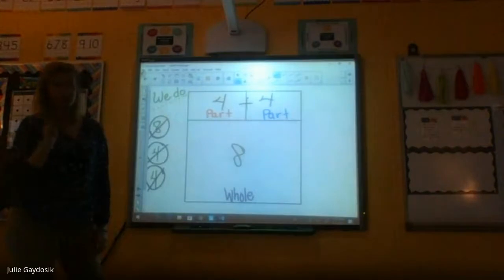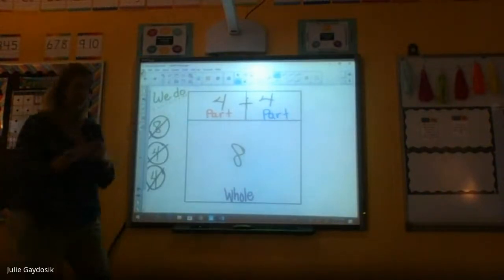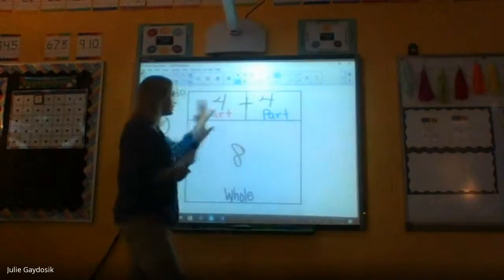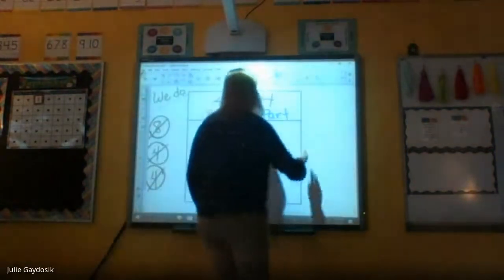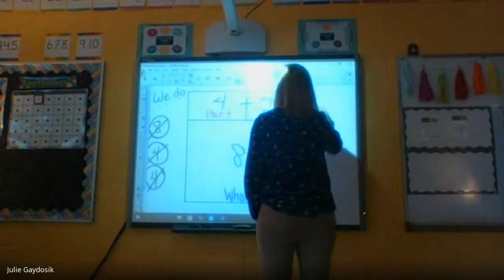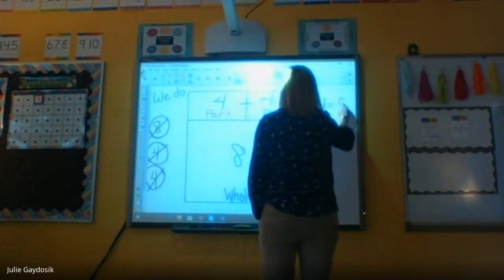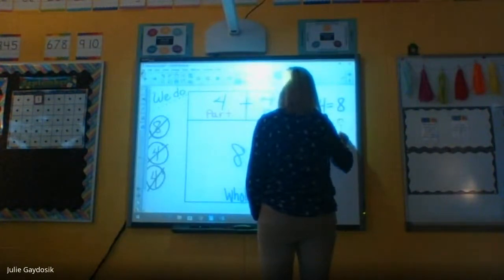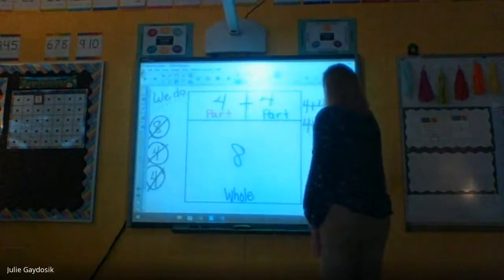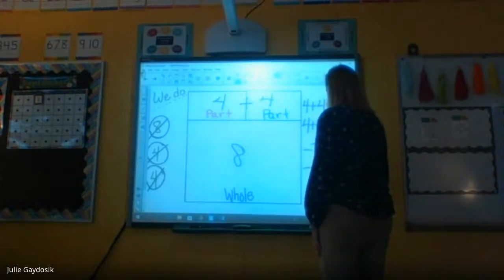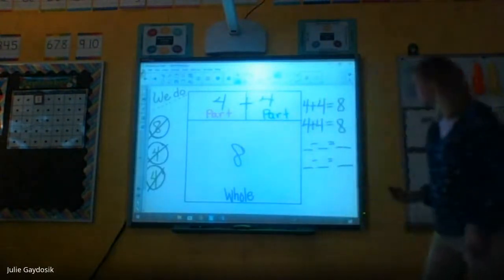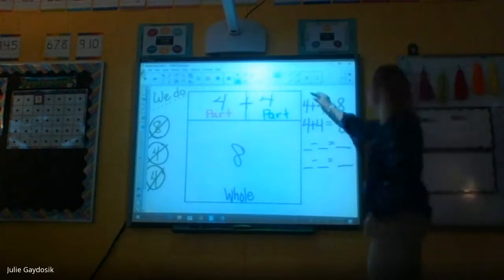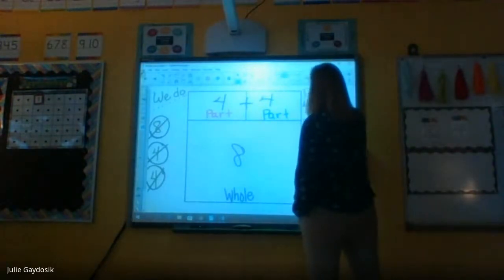Now, this is the next part I want to talk about, which goes into fact families. If I was writing this part, whole chart out as equations, I could write it as 4 plus 4 equals 8. How would I write it as a subtraction equation? This is where it gets a little tricky. In an addition equation, it is part plus part equals whole.